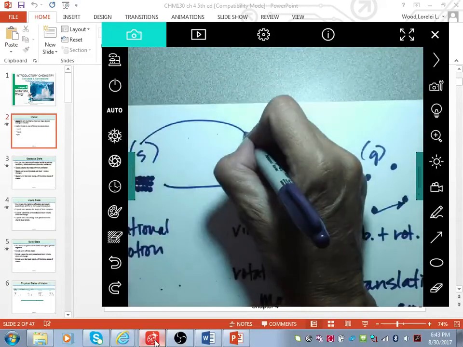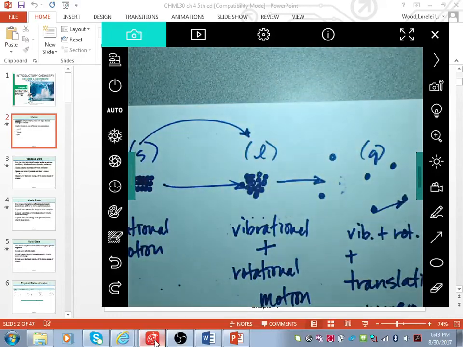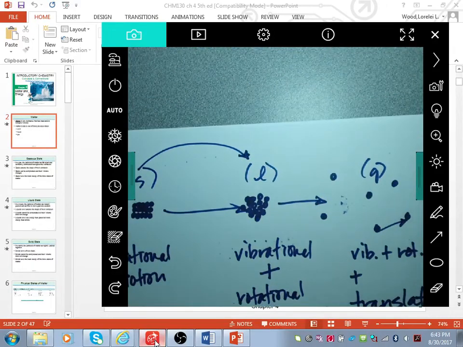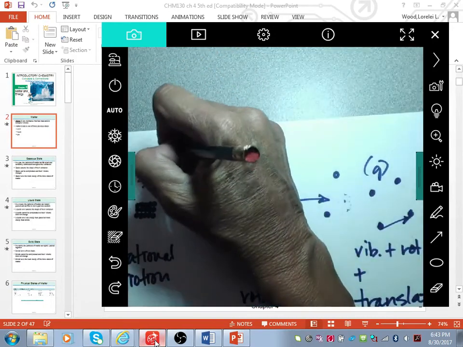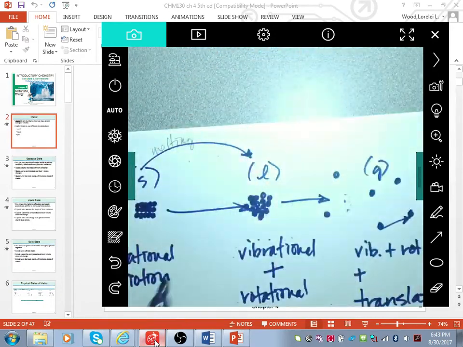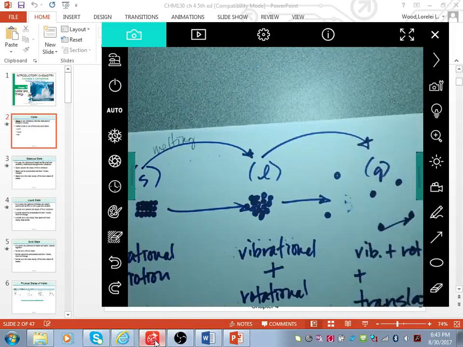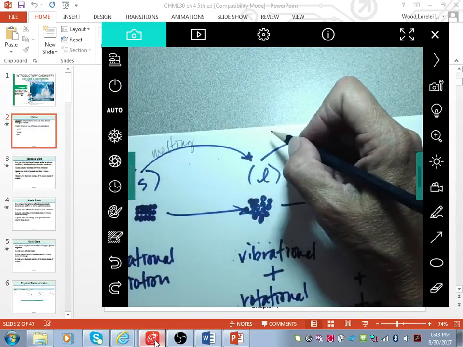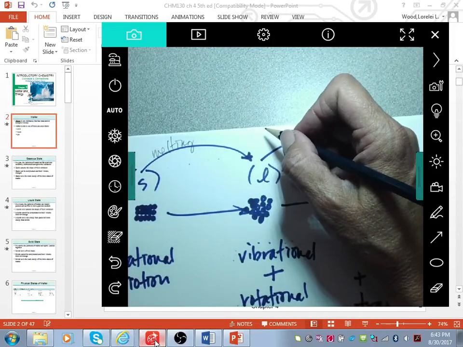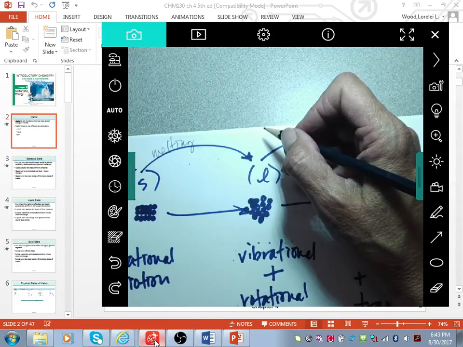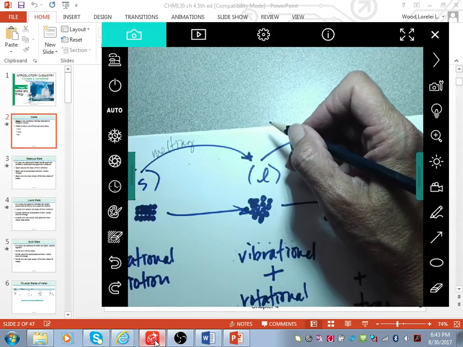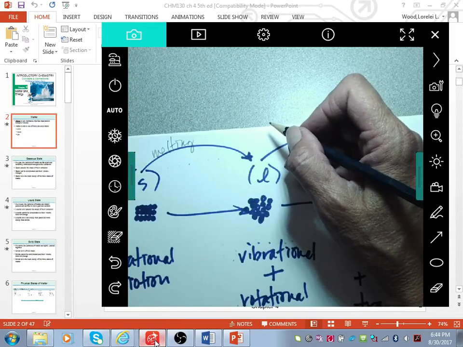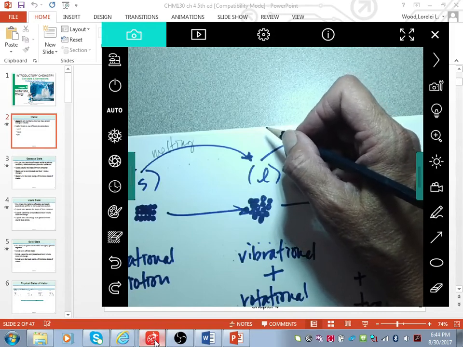So what's this change called? Solid to liquid, what do we call that change? Melting. Right? Liquid to gas, what do we call that change? Evaporation. If we put a beaker of water in Arizona in July outside, it would sure evaporate. But what would we call it if it's done, say, on a hot plate?